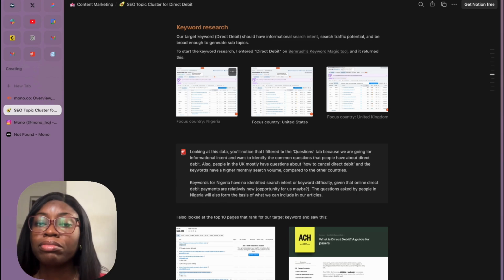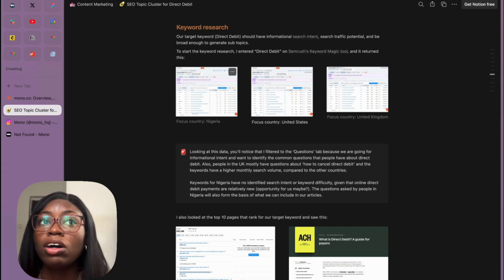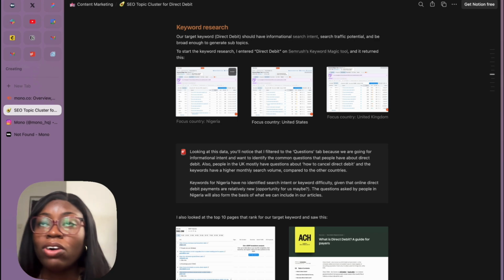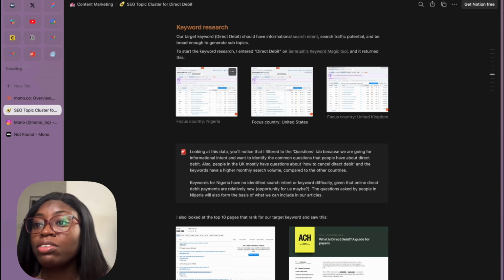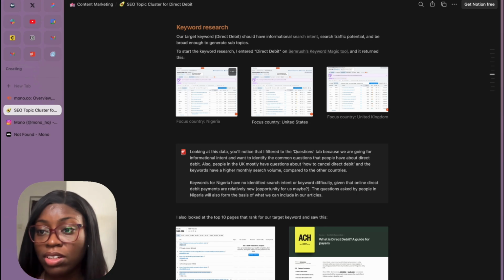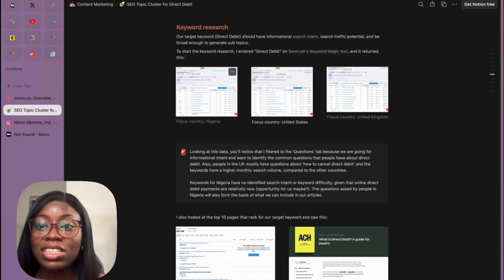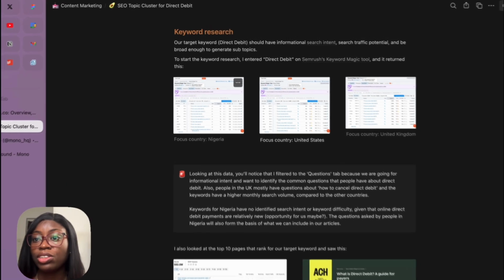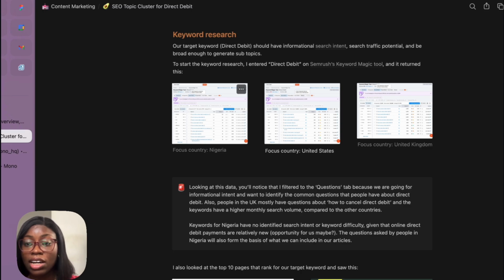Online mandates were not yet a thing, so a lot of people had questions about how it worked. What are direct debits? How does a mandate work? How do you set it up? If I give a business access to debit my account, what level of access do they have to my account? People had a lot of questions on direct debit at the time.